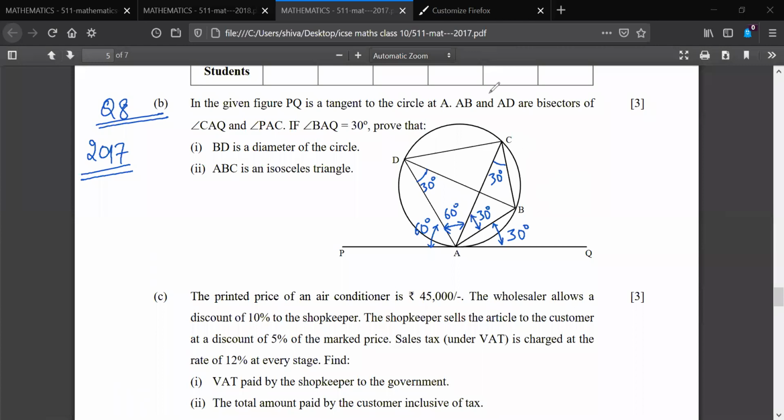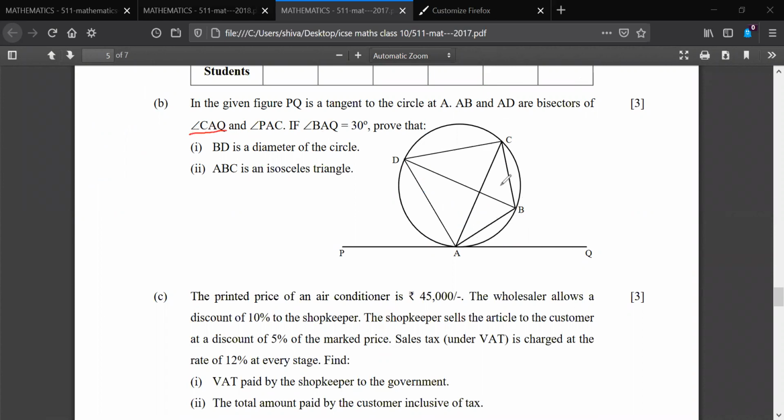Okay. Next question again, 2017, question number 8b. PQ is a tangent. AB and AD are bisectors. AB is a bisector of CAQ.